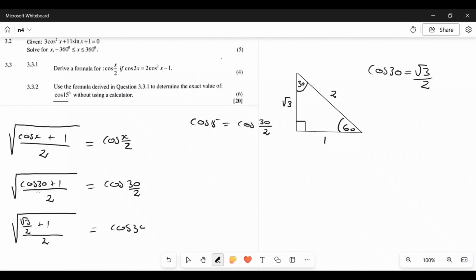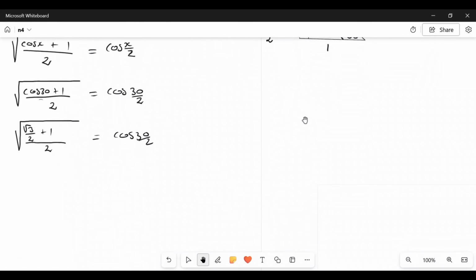Now we can continue from here, cos 30 degrees divided by 2. Let's create a bit of space again. If you continue, we still have the root there, guys. We can say root 3 over 2 plus 1 over 1, all this divided by 2.